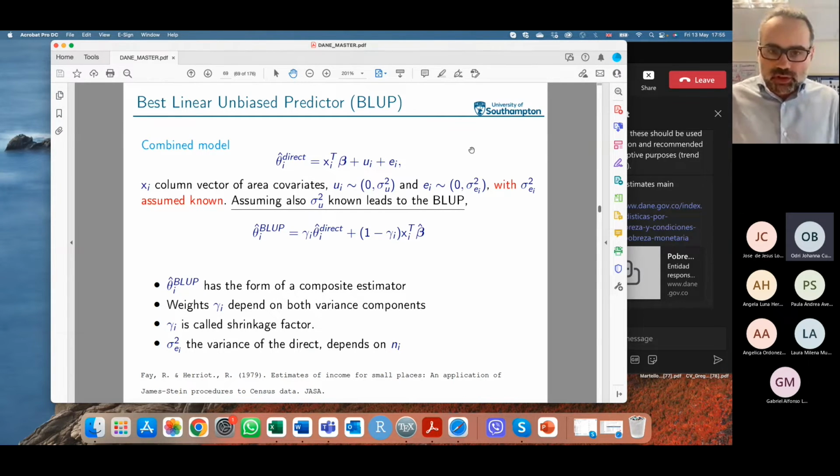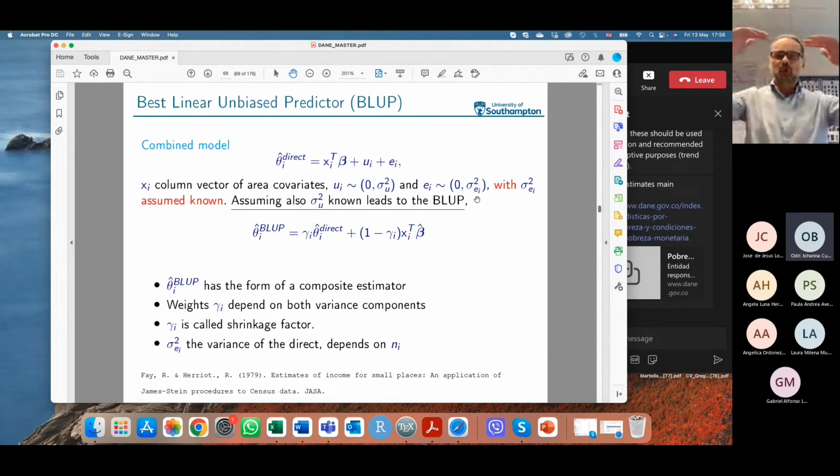Here is one of the important things about area level models. You have two components here that need to be estimated, sigma squared u and sigma squared e_i. Sigma squared u is the variance of the random effects. Sigma squared e_i is the sampling variance of the direct estimates.